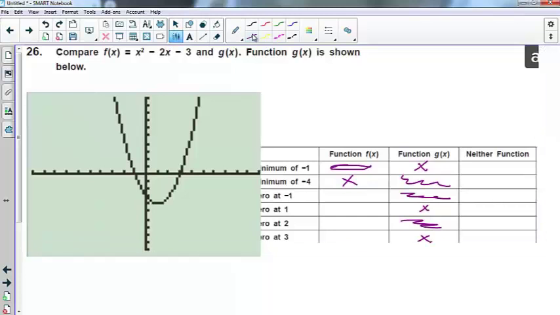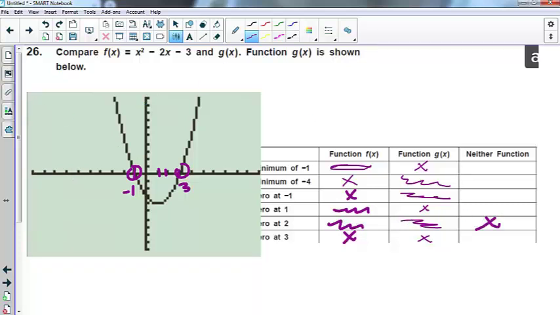Where it hits the x-axis are where my zeros are. Okay, so I have one here, and I have one here. So this one is at what? -1. This one is at 3. So at -1 I have a 0. At 3 I have a 0, so it doesn't apply to this one, it doesn't apply to this one. So since it didn't apply to anything at 2, that's the one that's neither.